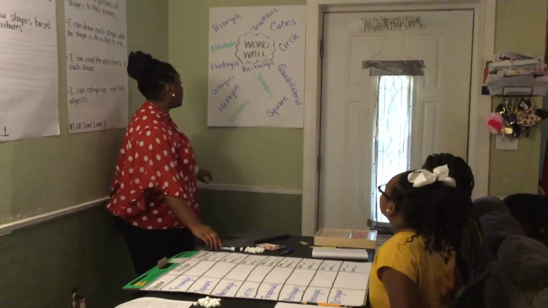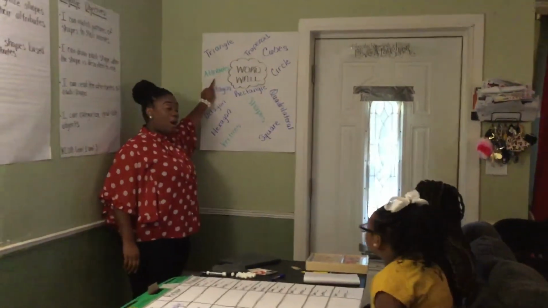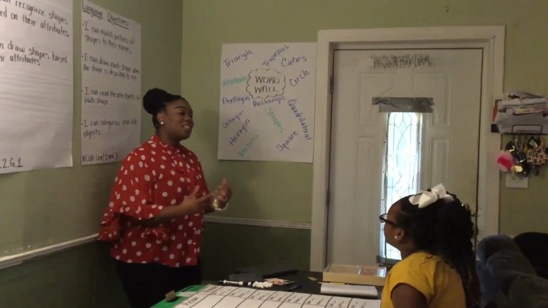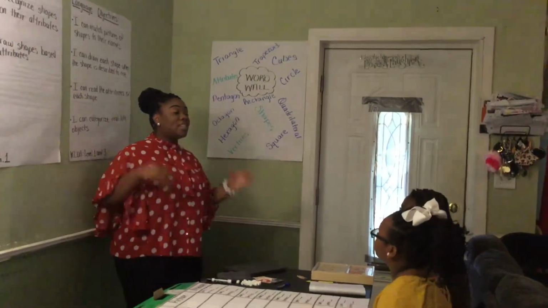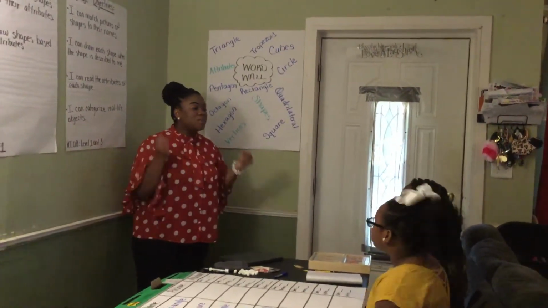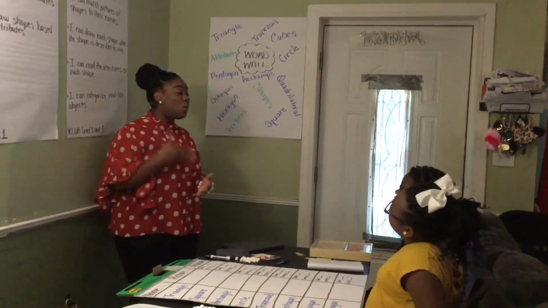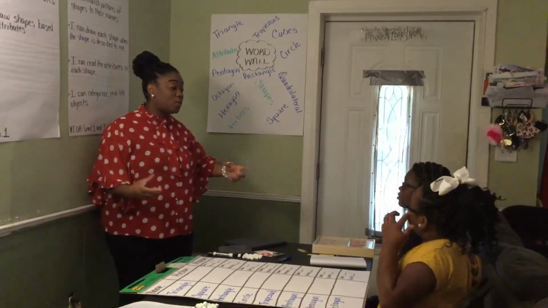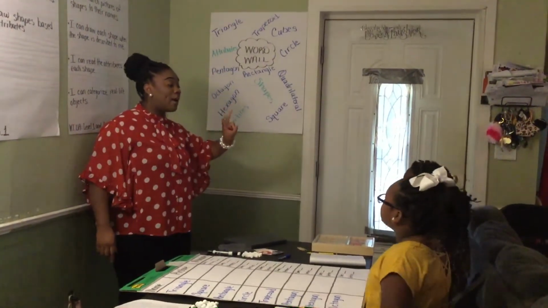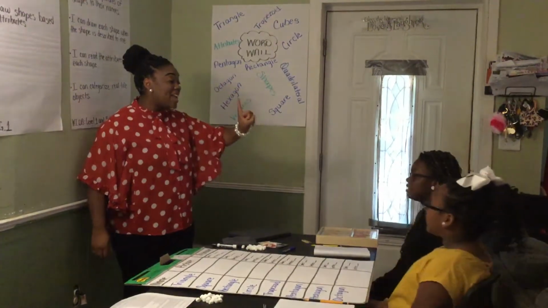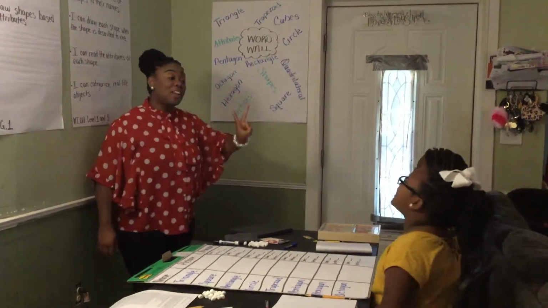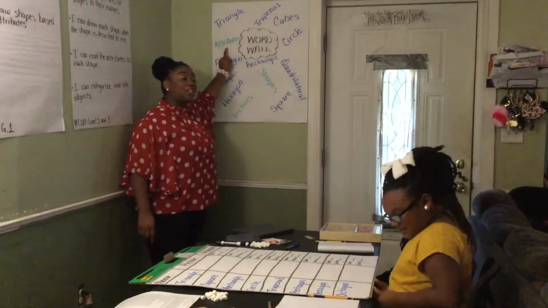So attributes, that's another word on our word wall. Attributes means they're the special things that a shape has. Some special things we talked about in order to recognize shapes were 2 things. We talked about how many sides and how many vertices. So those are the attributes.